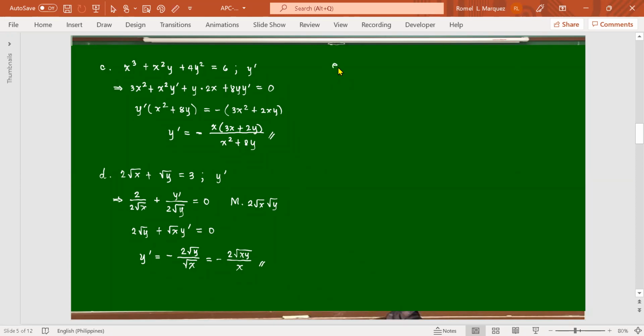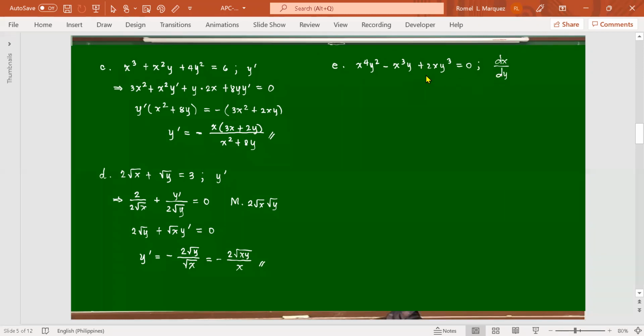Letter E. We have x to the fourth y squared plus negative x cubed y plus 2x y cubed equals 0. I want this time the derivative of x with respect to y. So what does it mean?